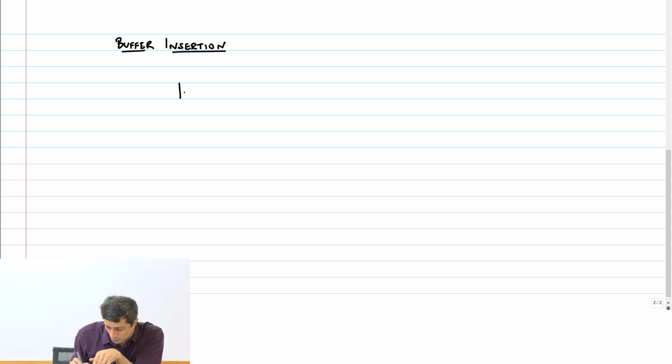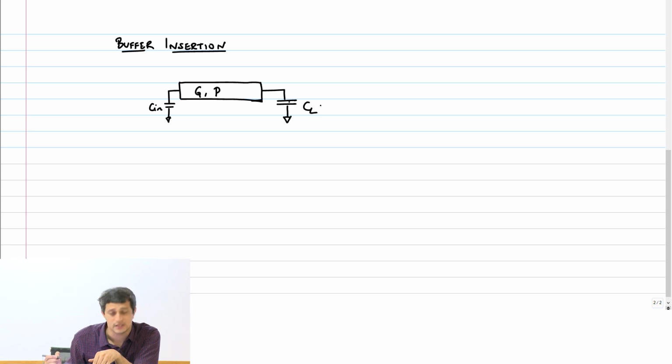So I'm going to take my old circuit, which had a path logical effort of G, path parasitic effort of P. This was my C in cap, and I had a load cap here, CL. So the path logical effort is G, and there is an H, and there is a P. Now I am going to alter the circuit as follows.